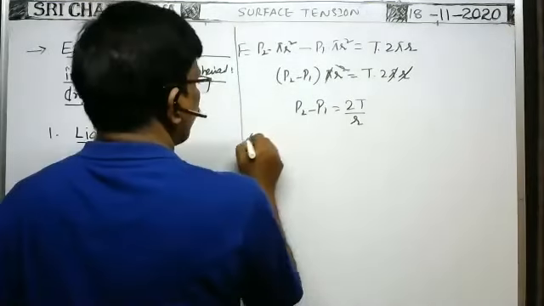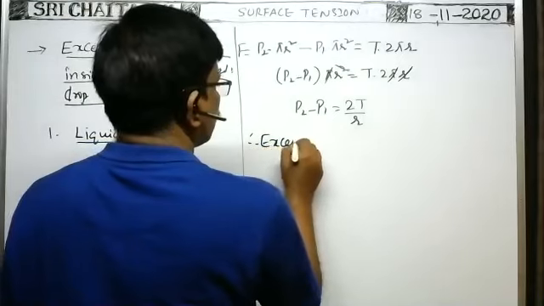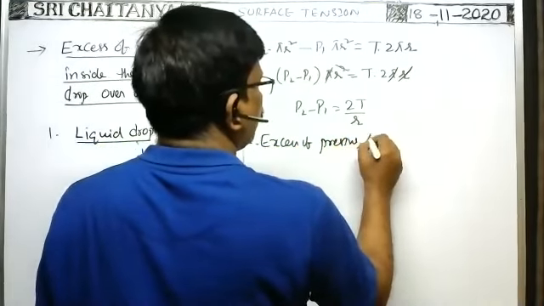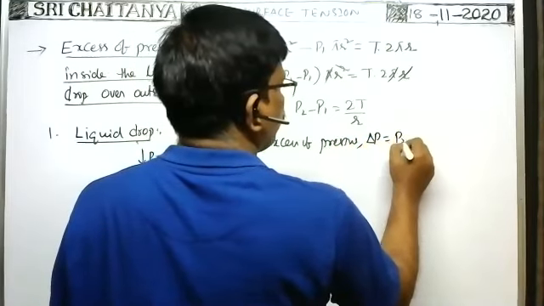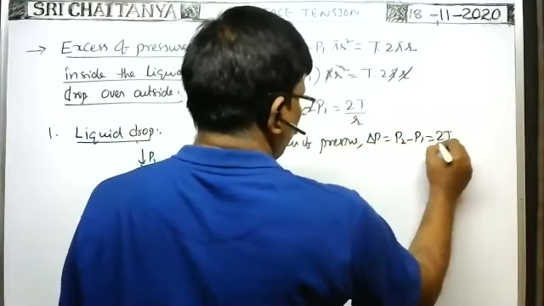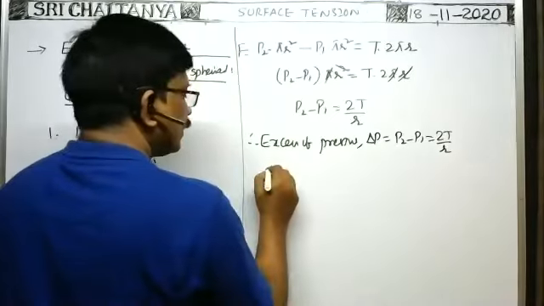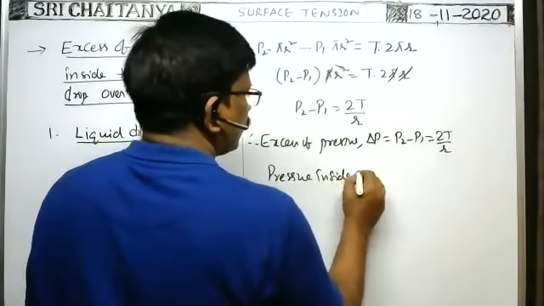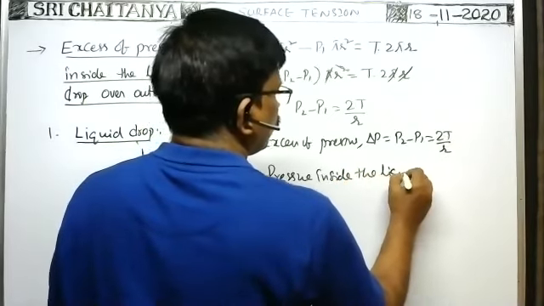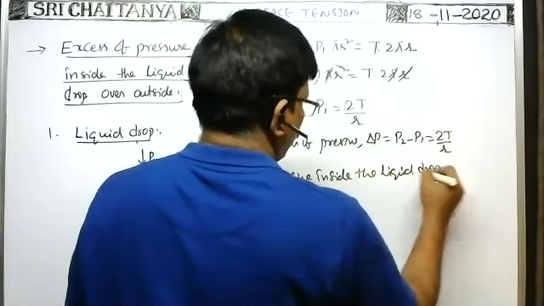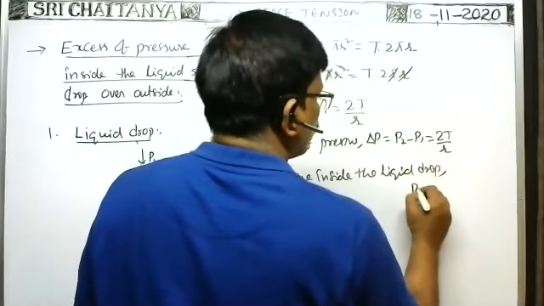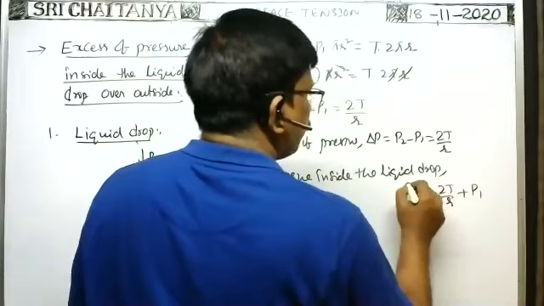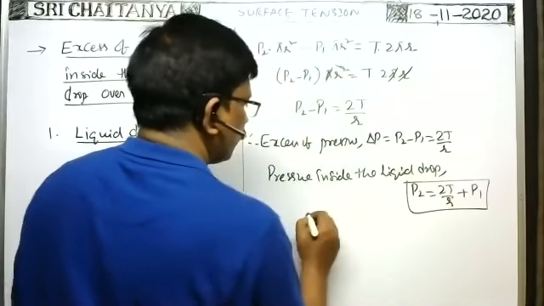Therefore, excess of pressure, delta P, is equal to P2 minus P1, which is equal to 2T by r. The pressure inside the liquid drop, P2, is equal to 2T by r plus P1, where P1 is the pressure outside the liquid drop.